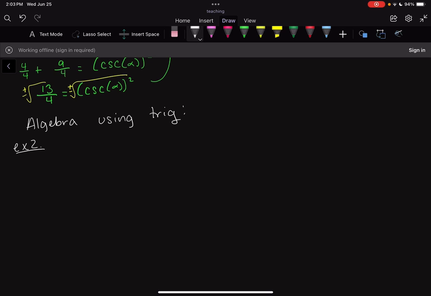So for example 2, I'm going to say simplify by multiplying polynomials.